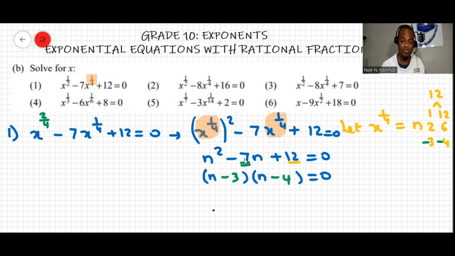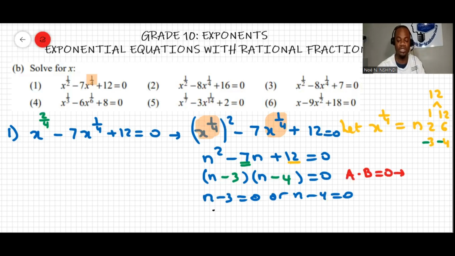If you struggle with factorization, I have a playlist dedicated to factorization. We did so many factorization examples there. You can go there and learn how to factorize trinomials, etc. Then this will be n minus 3 equals 0 or n minus 4 equals 0, because one of the laws in math says that if a times b equals 0, this implies a equals 0 or b equals 0.